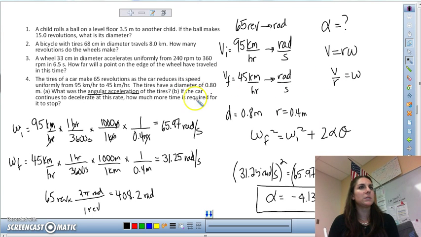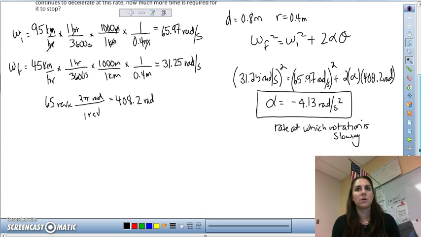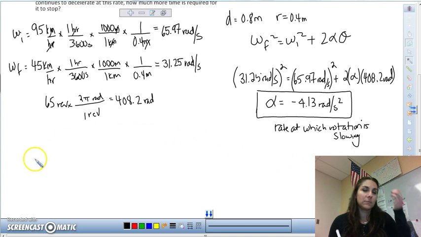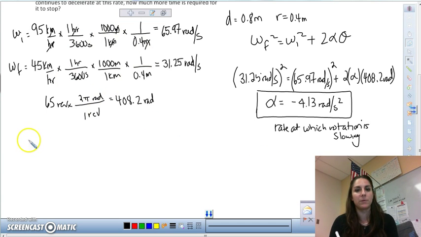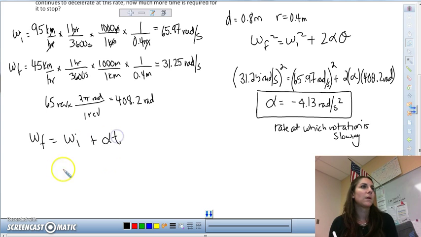And then part B says if the car continues to decelerate at this rate, how much more time is required to stop? So we could figure out how much time it takes for this, and then how much time it takes to stop, and then we can compare the two. So I'm going to use omega final equals omega initial plus alpha t.